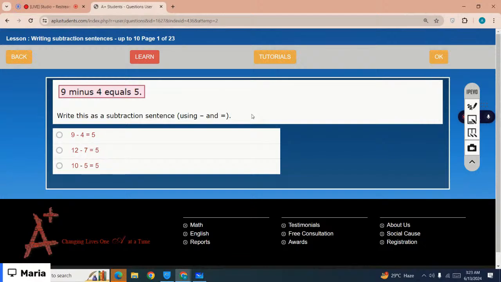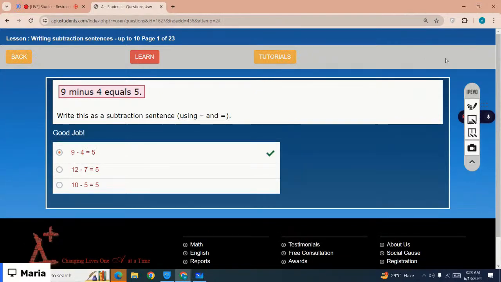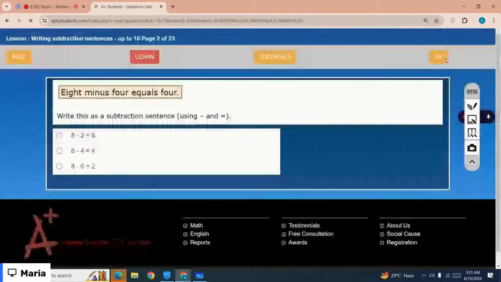That is option number 1, right? You have to replace the word minus with a negative sign and equals with the equality sign, right? So 9 minus 4 equals 5. That's how we read the sentences, right? 8 minus 4 equals 4, which is the correct option.